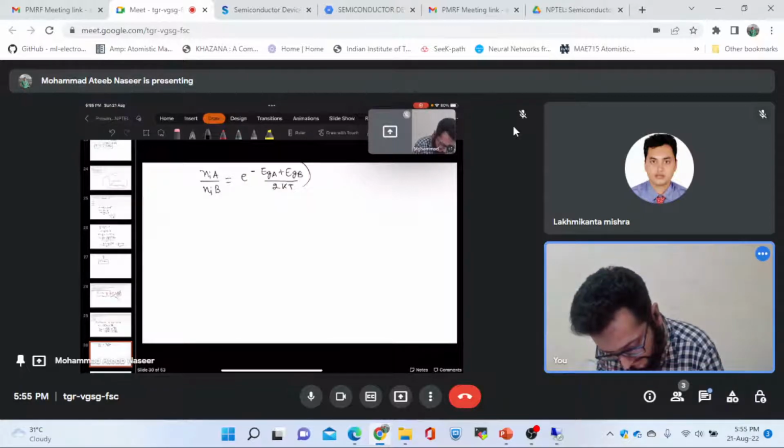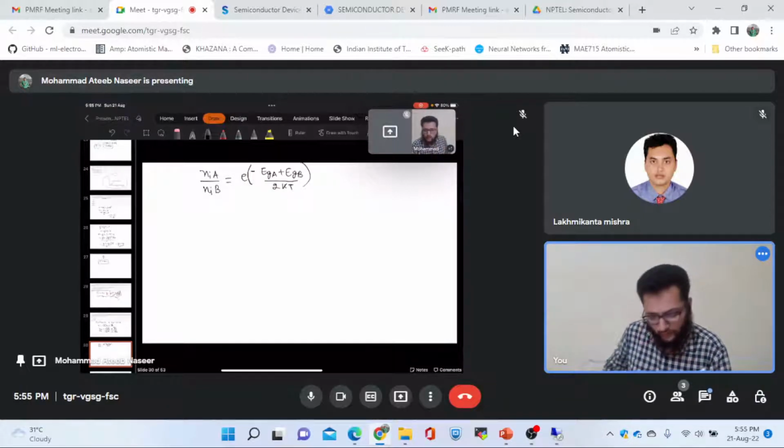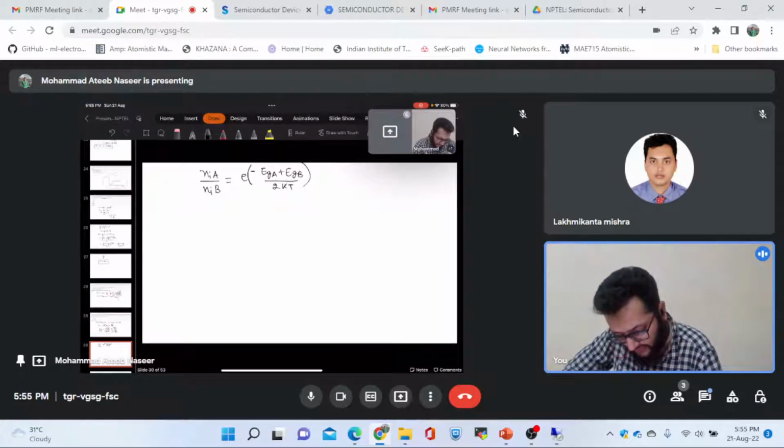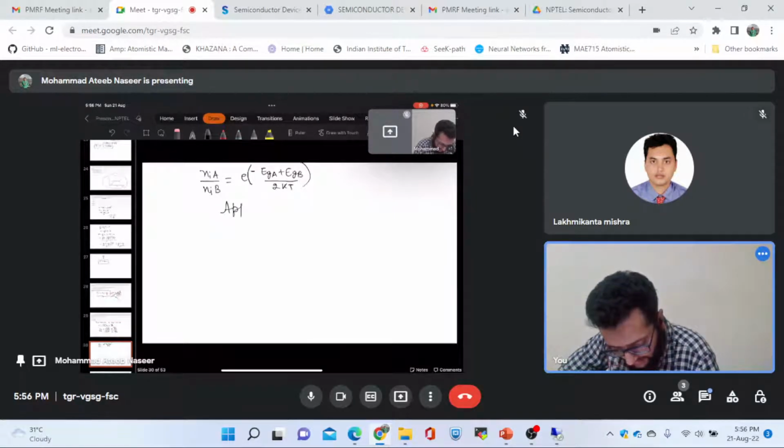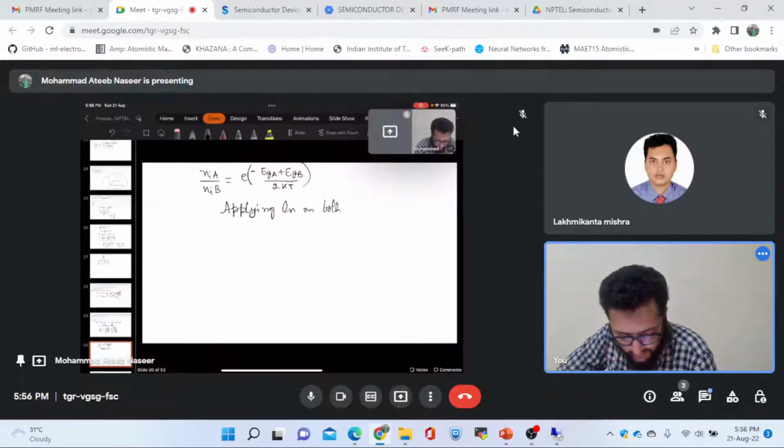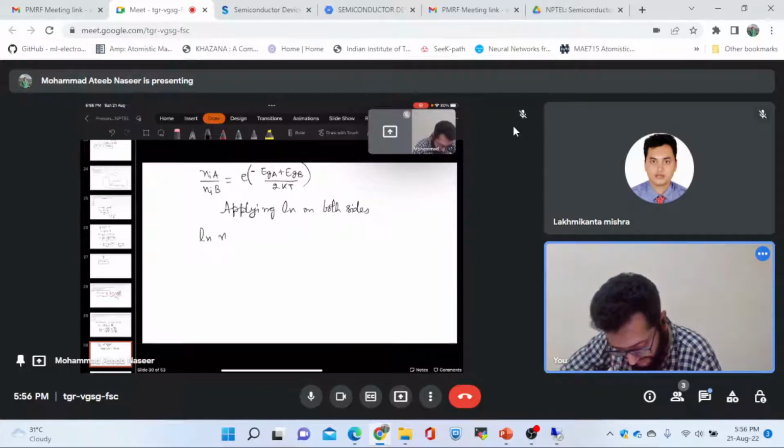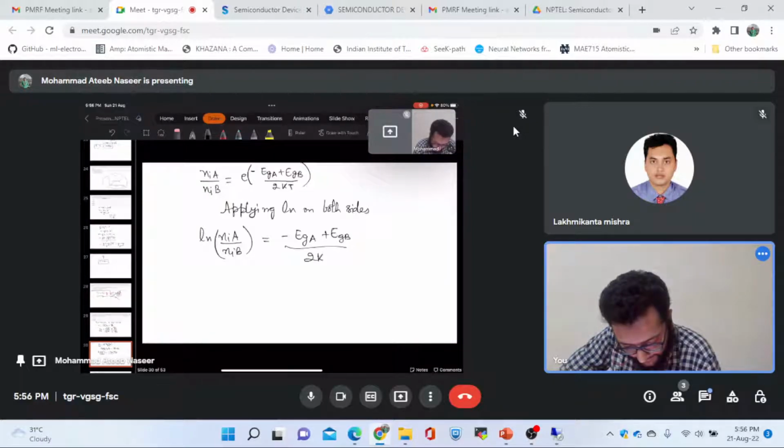It is simple. Now we see that this is an exponential, so we will apply ln on both sides. We will get ln of Ni of A by Ni of B equal to minus Eg of A plus Eg of B by 2kT.